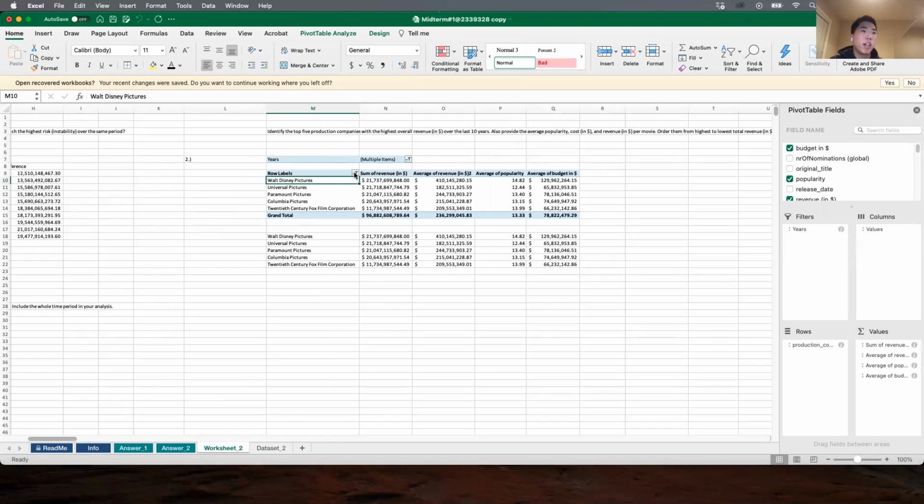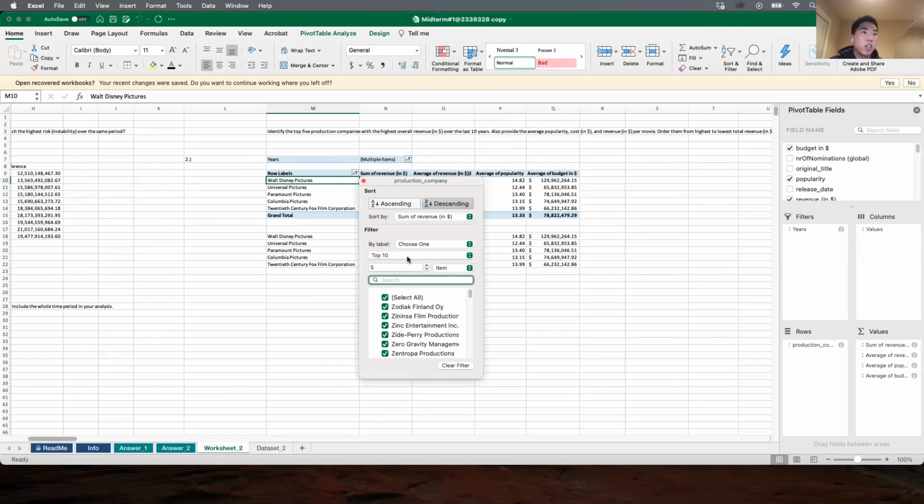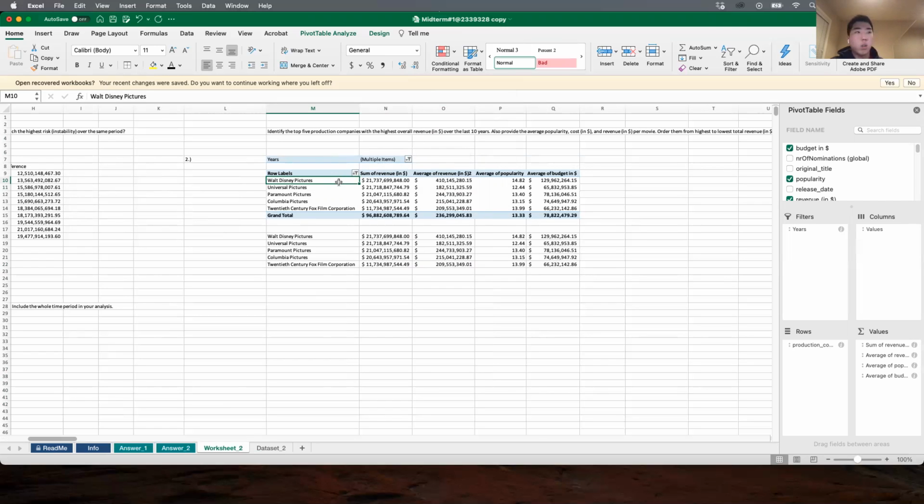For the row labels, I had to click this button, click this option to say top 10, and I take 5, right? So in order, it's Walt Disney, Universal, Paramount, Columbia, and Fox. You can see the sum of revenues in each, and these are in numerical order.